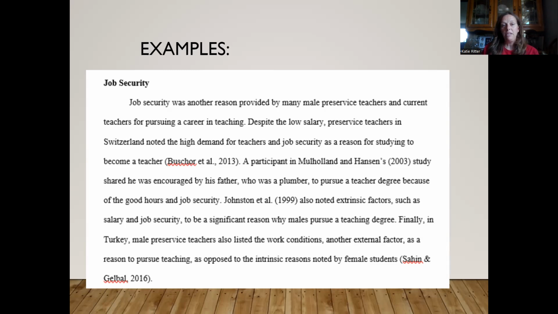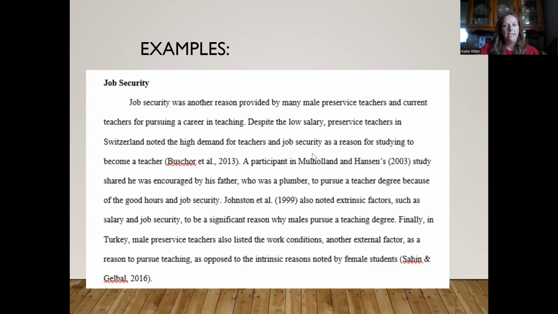Bouchard was the first author cited in this research. When you have 3 or more researchers who have written a paper, you have the first researcher's name, followed by et al. and a period, and then a comma, and 2013 is the year that the study was published. So that is one way to do an in-text citation.